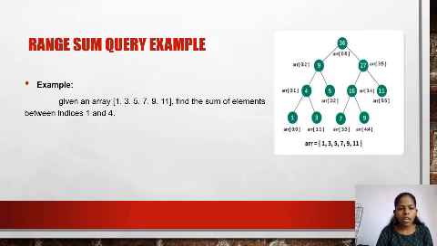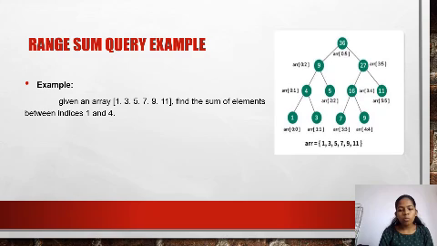We will see an example for range sum query. For example, we're taking the array 1, 3, 5, 7, 9, 11. Find the sum of elements between indices 1 and 4. First, the leaf nodes are 1, 3, 5, 7, 9 and then 11. In this example, we're taking the operation sum.